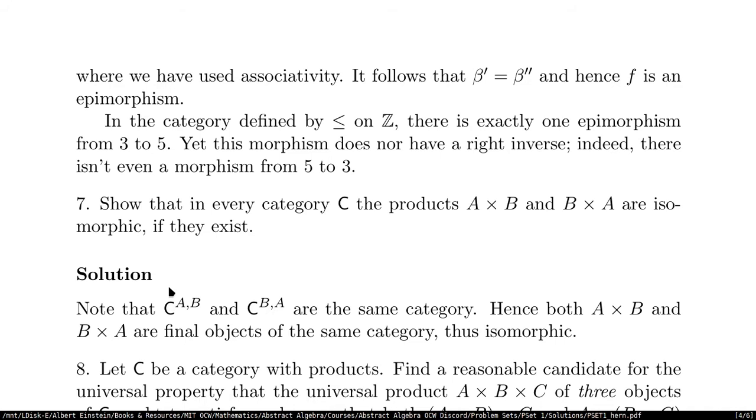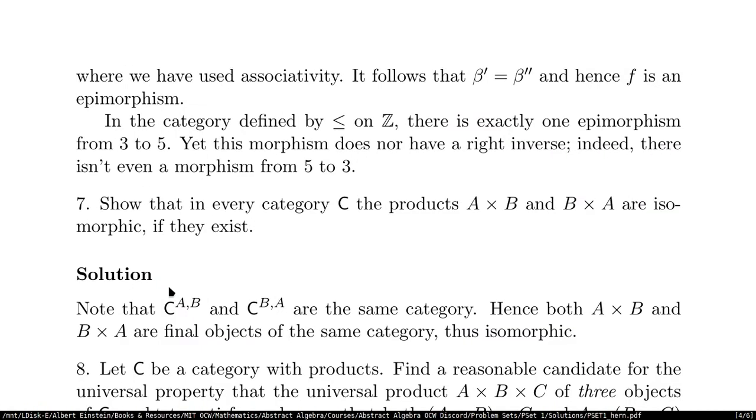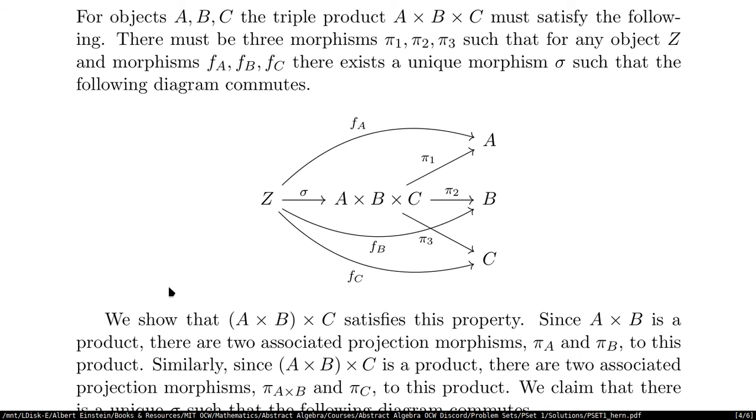Hence both A cross B and B cross A are final objects of the same category, thus isomorphic. Okay, that does make sense.